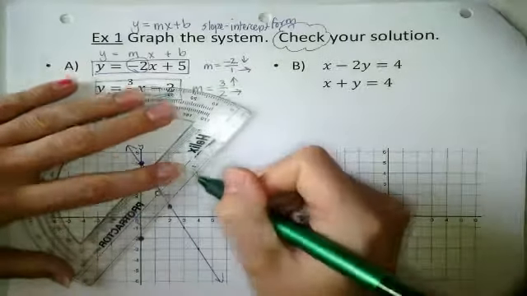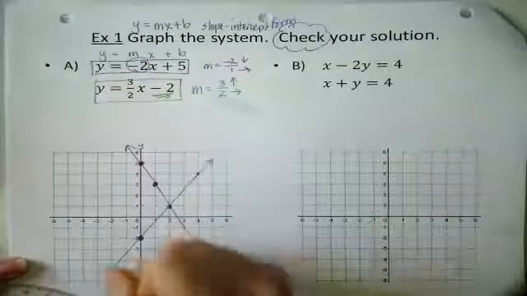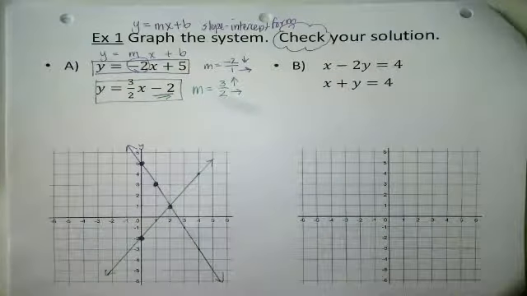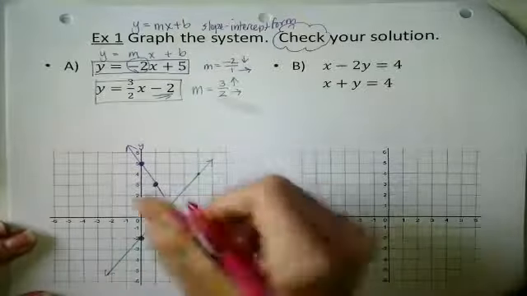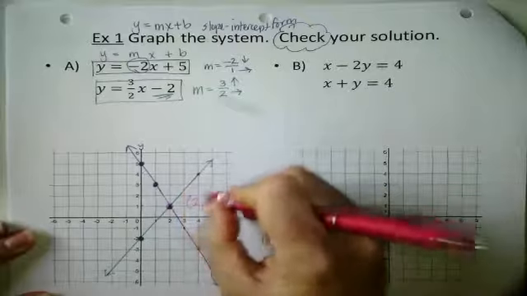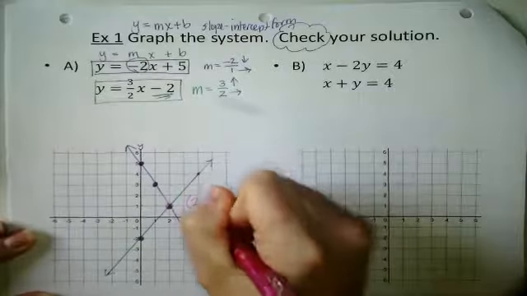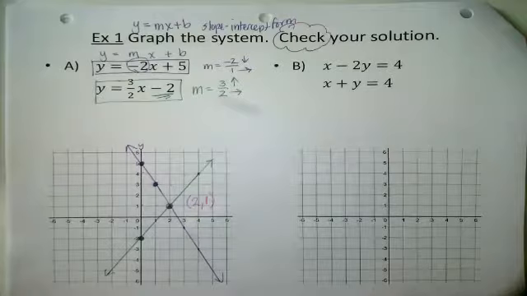Once you click, your beautiful line will appear on IXL. It's very cool. I'm very impressed. Then it's going to ask you to type in the solution. The solution is this point right here where the lines intersect, and that ordered pair is 2, 1. You'd type in the intersection point, and then it'll tell you did a great job.